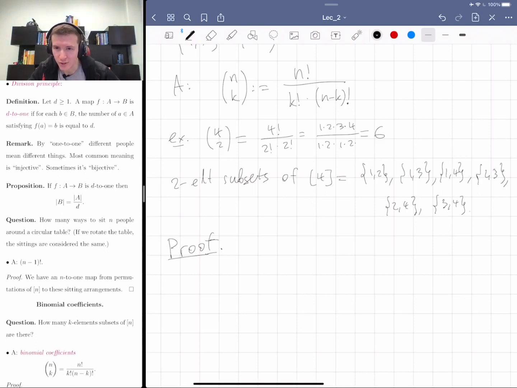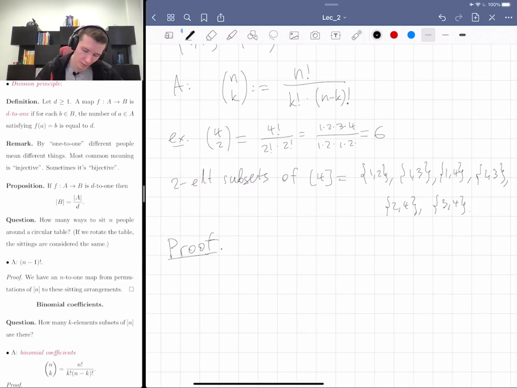Okay, division principle. We have n factorial total and then we have to use the division principle. Same as the number of bijective functions from k to n, and then divide by k factorial. Oh, okay, thank you. Right, you have to use the division principle, but you have to be kind of clever.